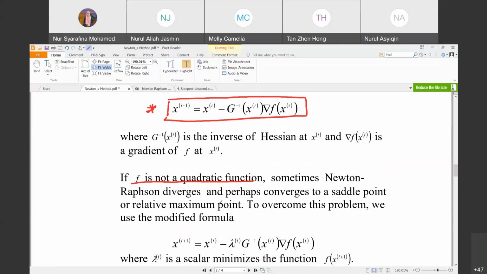Then we introduce a scalar lambda in order to boost or accelerate the iterative points. So if f is not quadratic, we introduce this scalar lambda to accelerate the iteration. Is that clear?